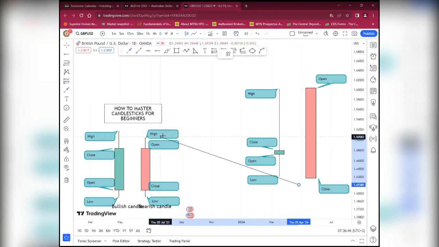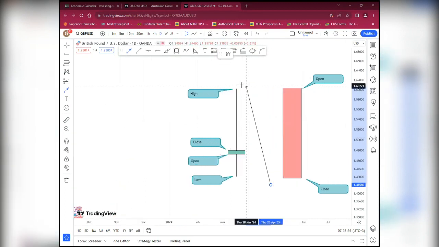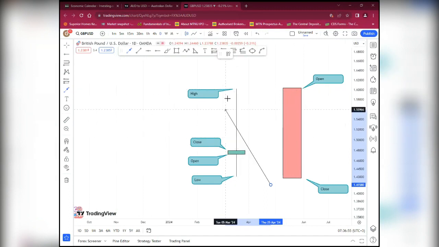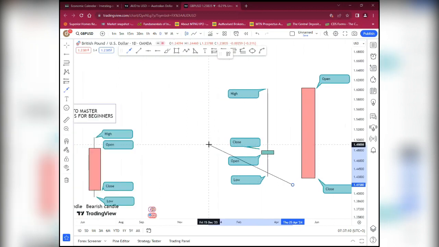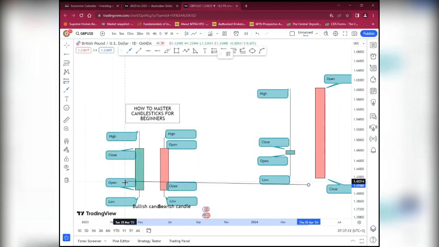So wicks are used to explain the highest prices actually pushed up to, and the lowest. The body of the candle is used to explain or give a clear picture of the opening prices and the closing prices. So the body only has an open and a close.